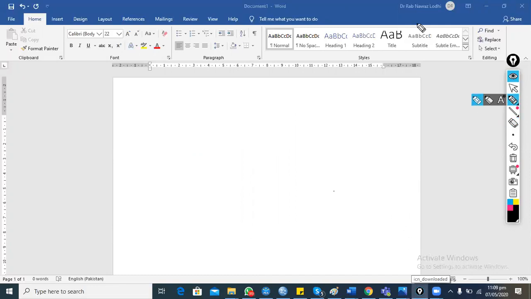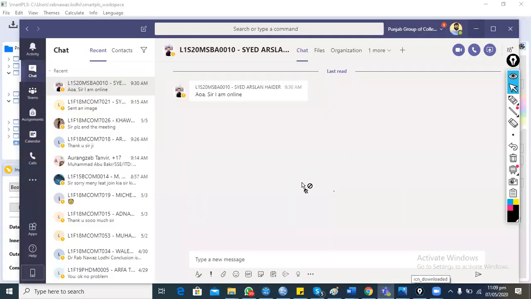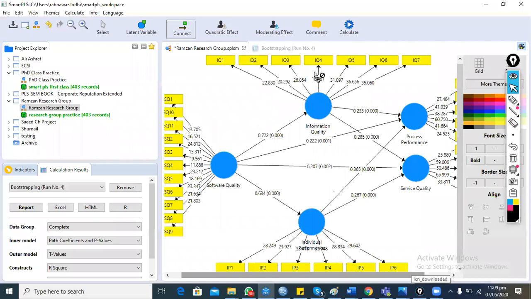So if you are applying this type of serial mediation and you are mentioning these kinds of words in your methodology or in your topic, then definitely it will increase the quality of the research paper. So use these kinds of words, serial mediation or parallel mediation or mediated moderation. So these are very simple things. This is not rocket science.